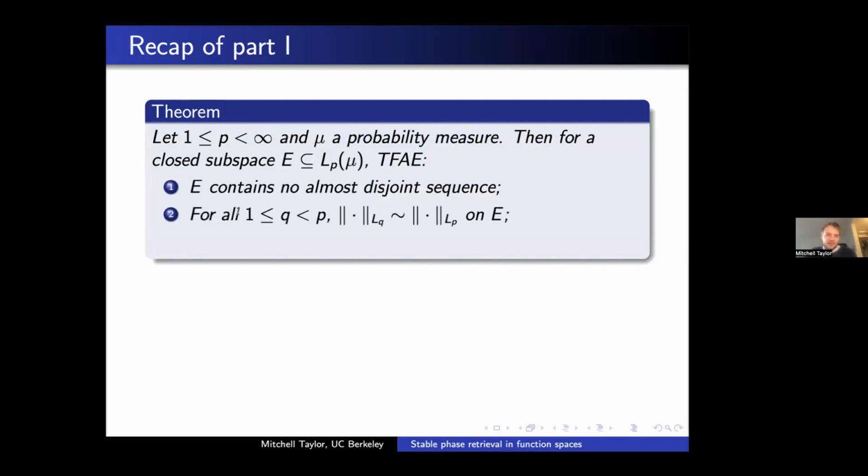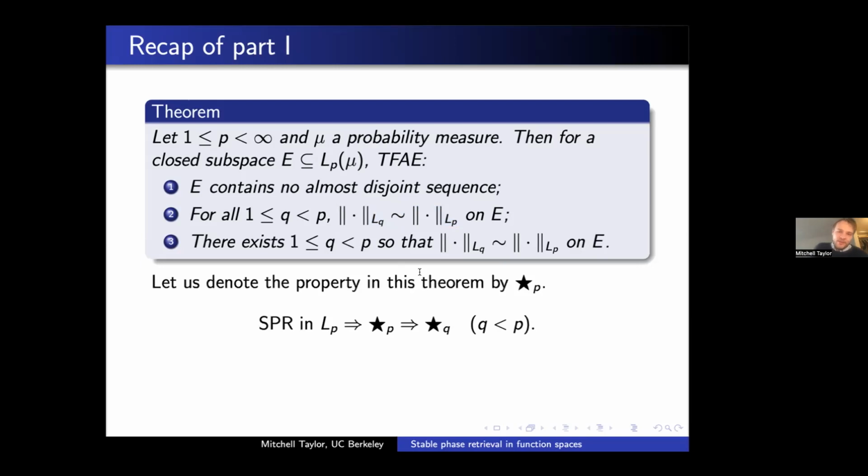But importantly, this is equivalent to the LQ norm being equivalent to the LP norm on this subspace for every choice of Q less than P, and also just for one choice of Q less than P. Okay. So the subspaces that do not contain almost disjoint sequences have the property that whenever I take an LQ norm where Q is less than P, these will be equivalent on that subspace. Okay.